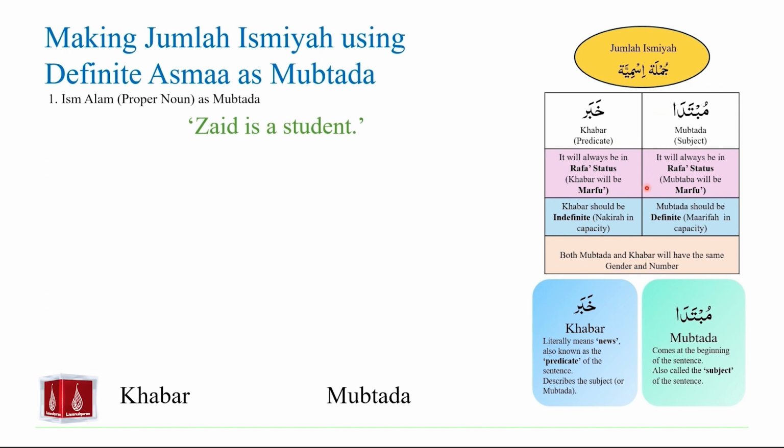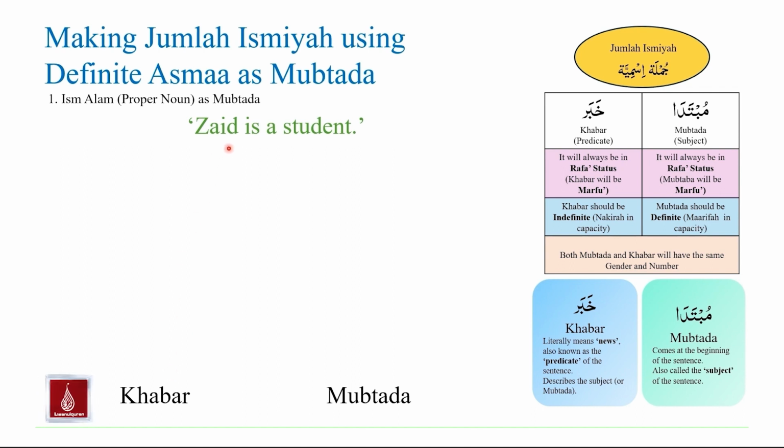Mubtada will have its own requirements, khabar will have its own requirements. Let us go back to Zaid is a student. Zaid is the subject, so Zaid should be mubtada, and student gives us more information about Zaid, so student should be khabar.